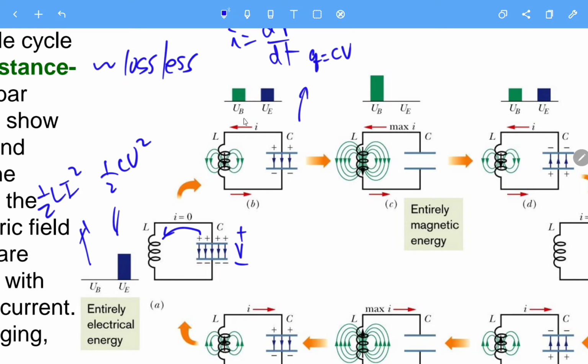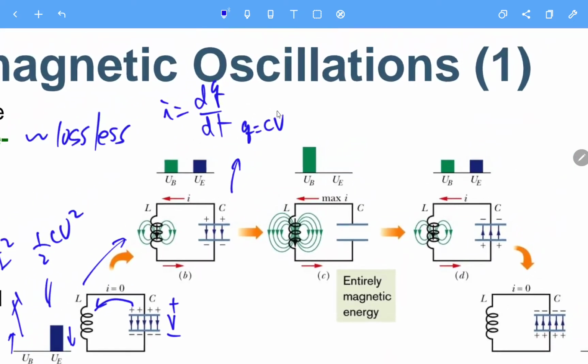For a single moment, UE and UB will be equal to each other, but just for a single moment. And then for the next stage, the charge is further decreased up to zero.